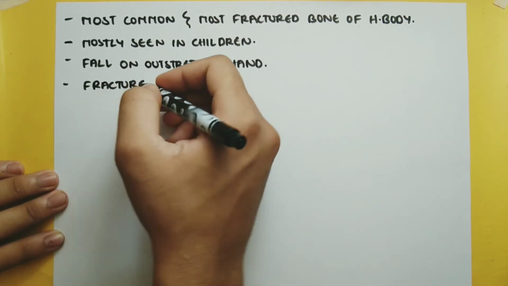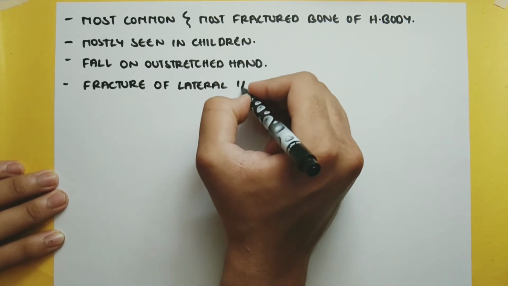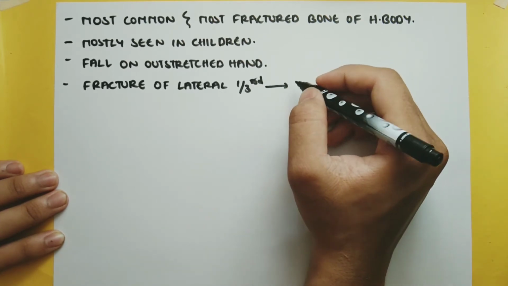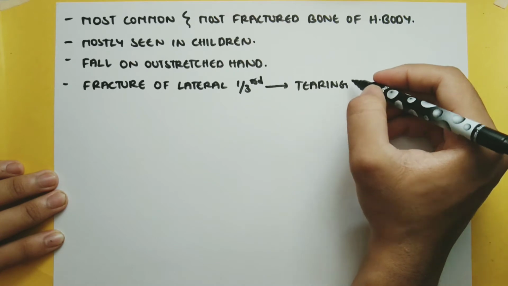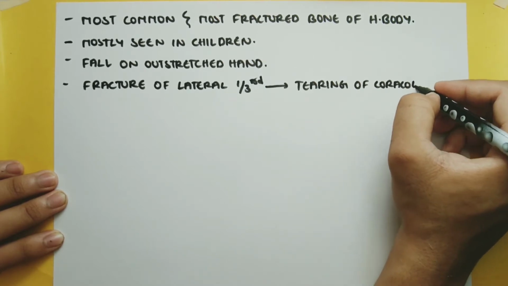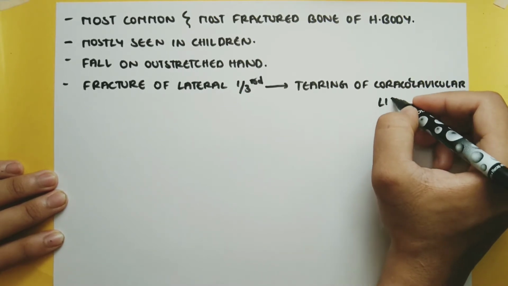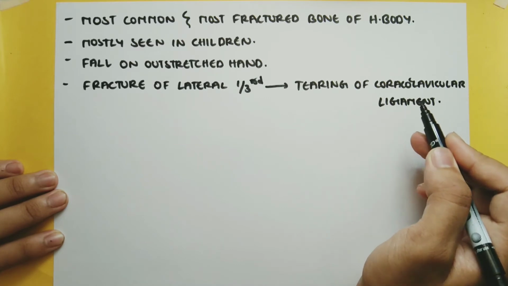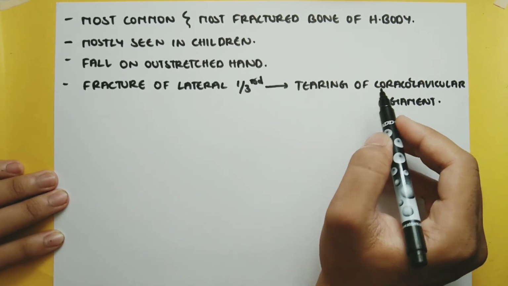Fracture of the lateral 1/3 can involve the tearing of the coracoclavicular ligament, which can result in very serious conditions.